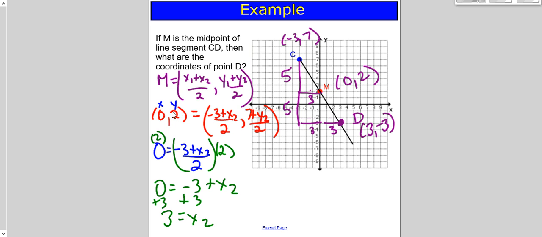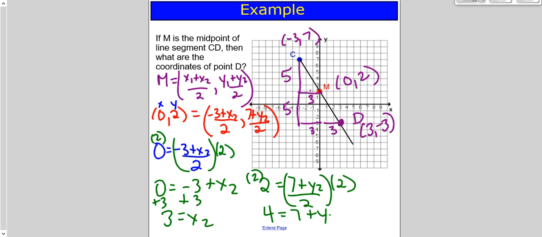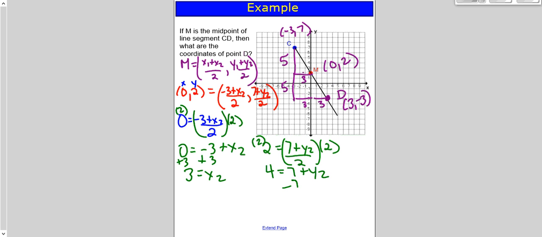Same thing now, since y is equal to 2, I can go 2 equals 7 plus y2 over 2. I can multiply both sides by 2. 2 times 2 is 4. Then 7 plus y2, minus 7, minus 7, and y2 is equal to negative 3.